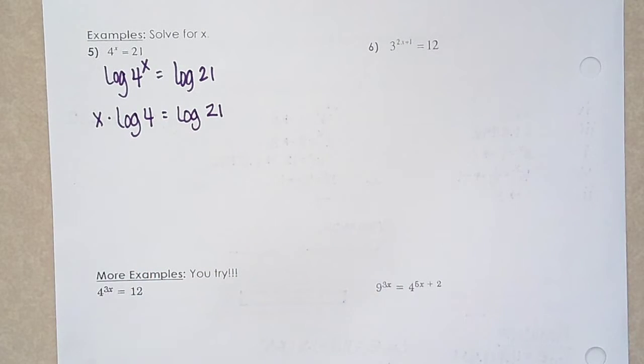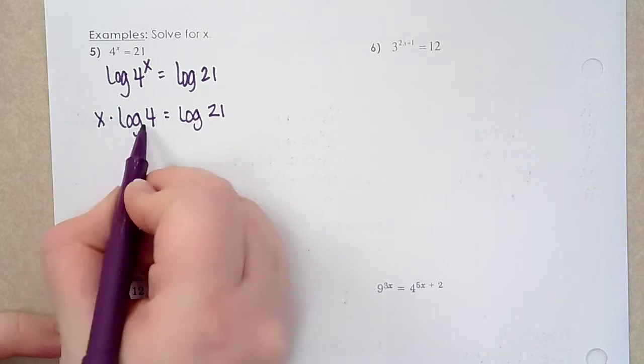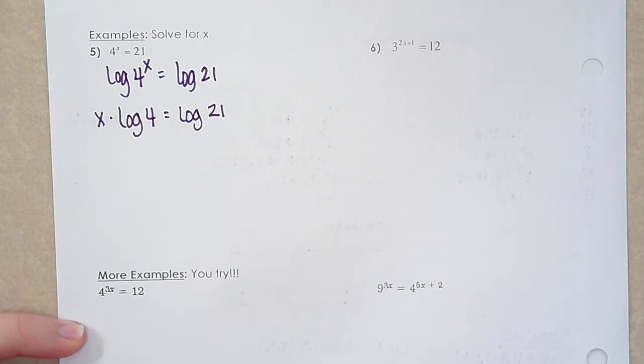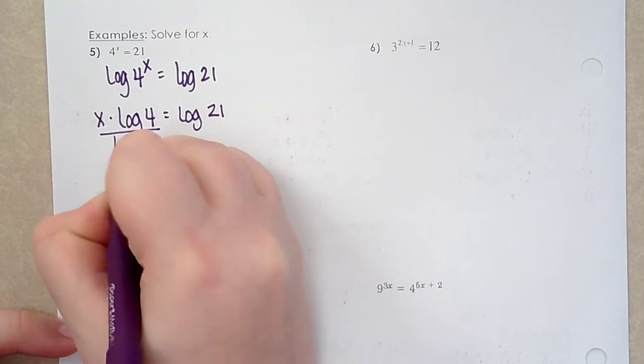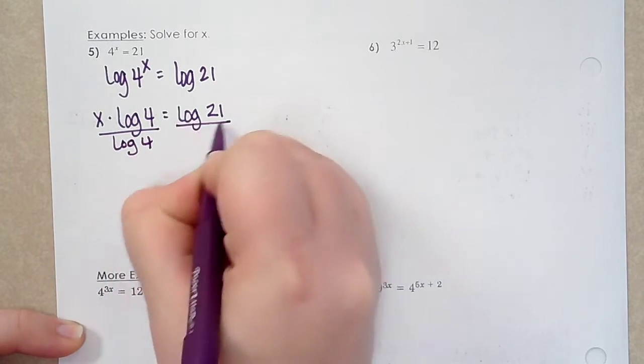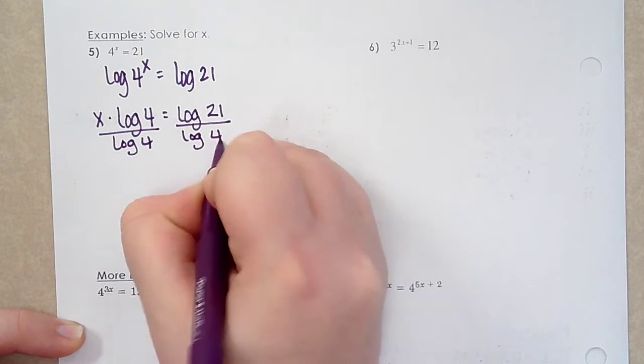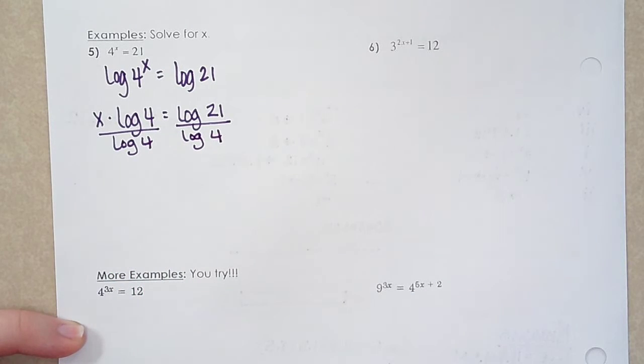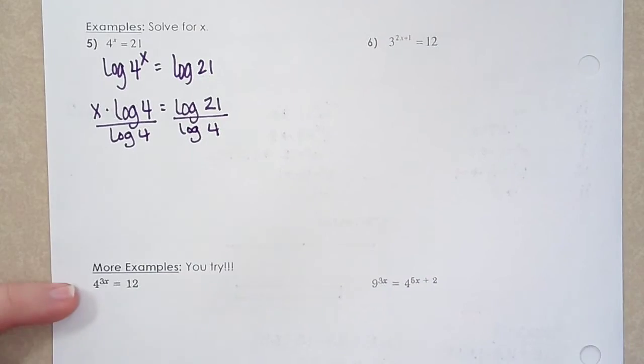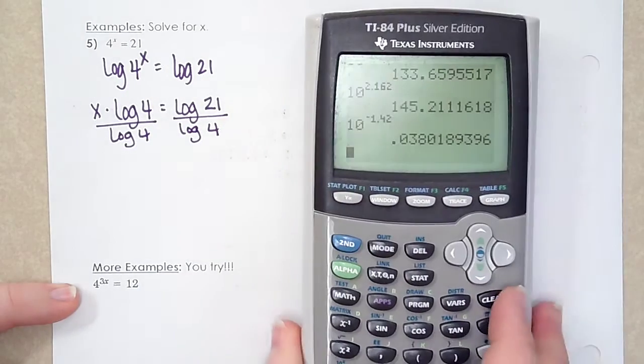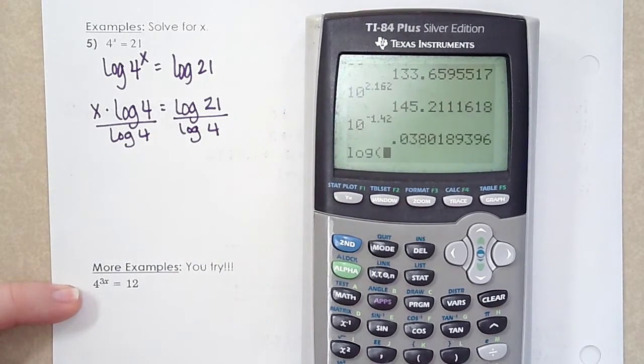Well, if I'm solving for x, all I have to do to get this log 4 away from x is divide both sides by log of 4. And I can divide them because they're common logs. They have a base of 10. We assume that because they have a base of 10, we can divide them. So I'm going to say log of 21 divided by log of 4.